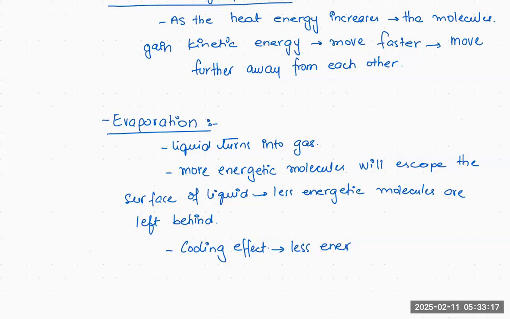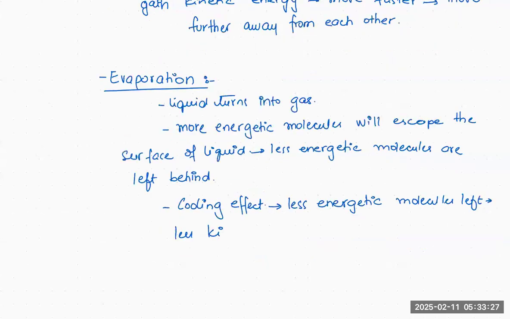Since they have less heat energy, they obviously also have less kinetic energy. And since they have less kinetic energy, what is going to happen? The temperature is going to be less, because temperature is a measure of kinetic energy. So the temperature is actually going to be lower after evaporation has happened.